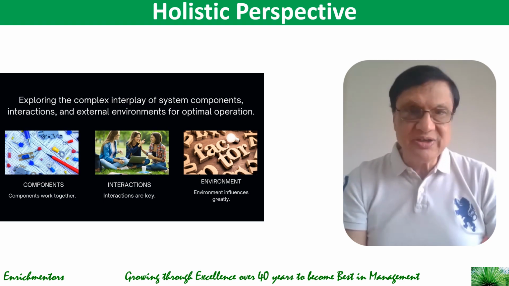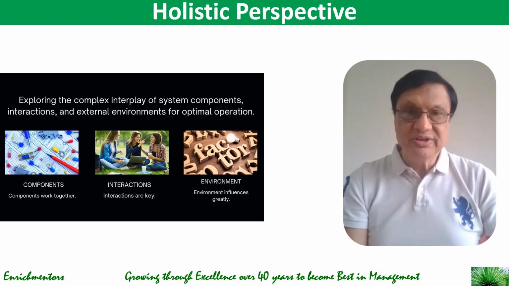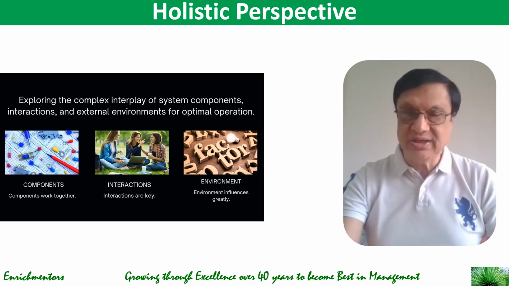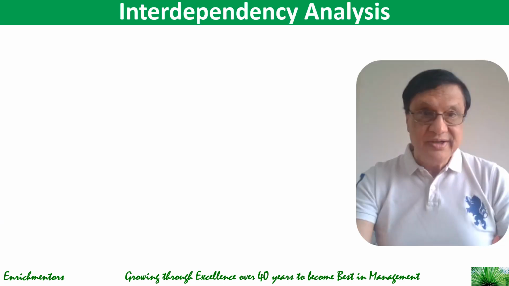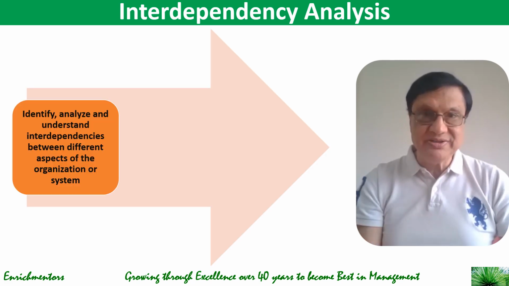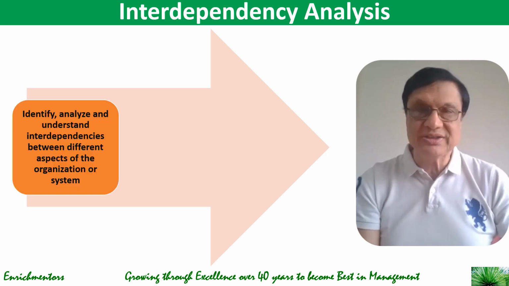This holistic perspective allows strategic planners to consider the broader context in which the organization operates and identify potential leverage points for interventions, the kind of things they can do to make things happen as they want. System thinking also helps identify the interdependencies between different aspects of the organization or system.